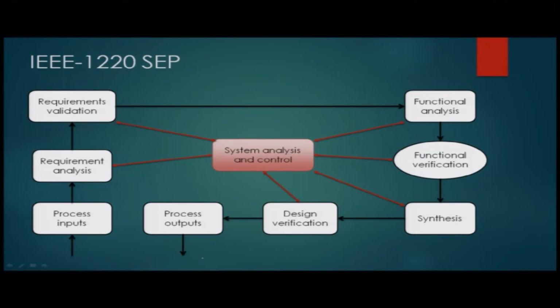The second model I want to talk about is the IEEE 1220 SEP model. You can see similar building blocks, but it is different compared to the Department of Defense model.